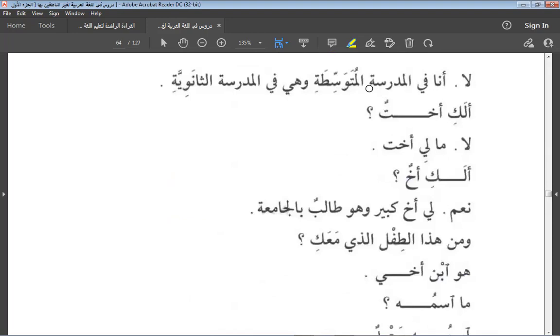La. أنا في المدرسة المتوسطة وهي في المدرسة الثانوية. I am in the middle school. Mutawassit is middle. I am in the middle school and she is in the secondary school. الثانوية is secondary. Anything when we say thanawi is secondary. And she is in the secondary school.